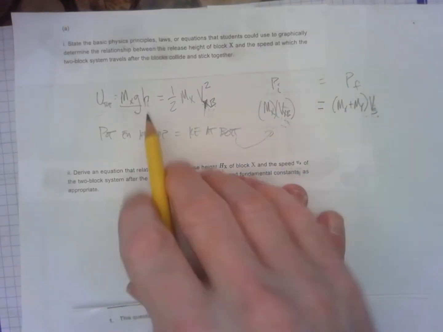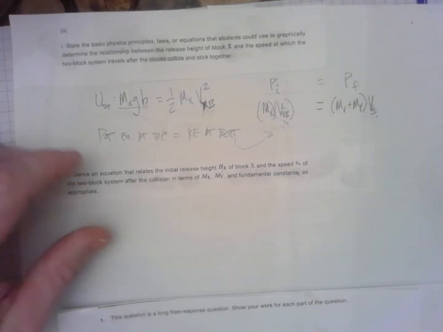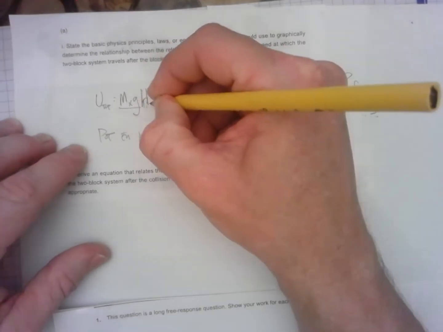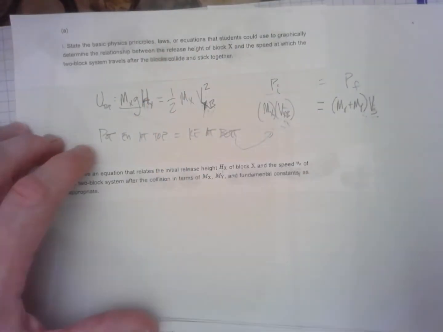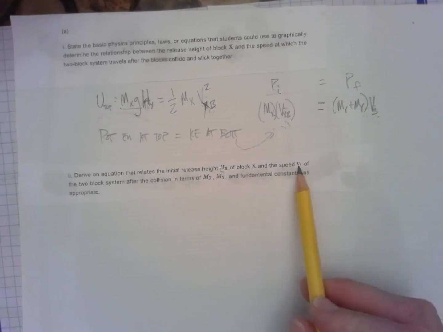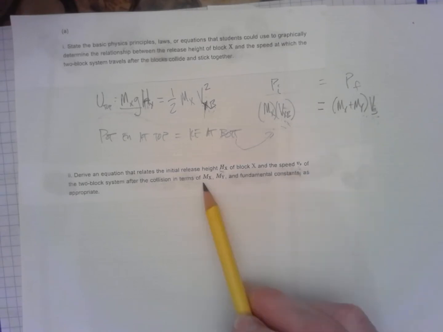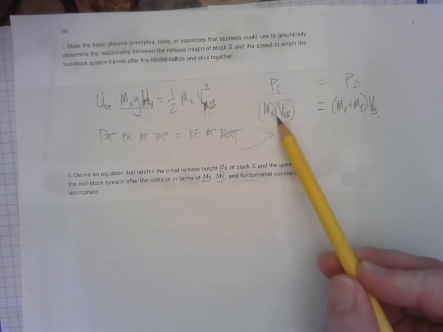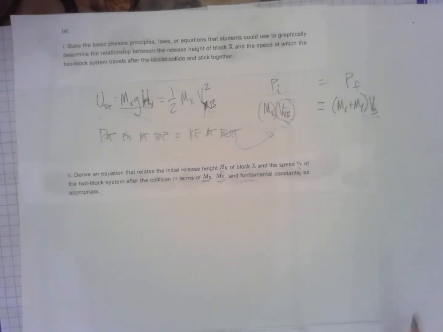And what I just called H, they want me to call h sub X. Fine. But basically, they want to relate this and this. You can use this, this, and g. So what we can't use is this in-between velocity, but we're okay there.